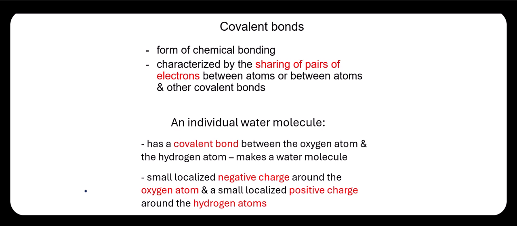So we have a polar covalent bond. That leaves us with the oxygen staying a little negative, meaning we have a small localized negative charge around the oxygen. The hydrogens stay a little bit positive. We have a small localized positive charge around the hydrogens. So that's really what we're talking about here.